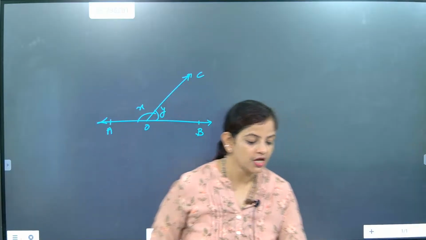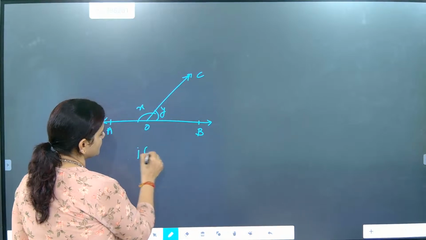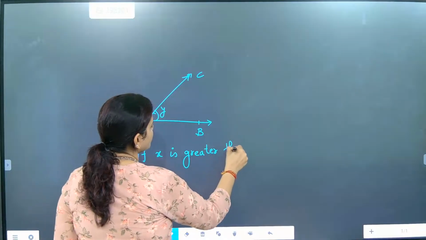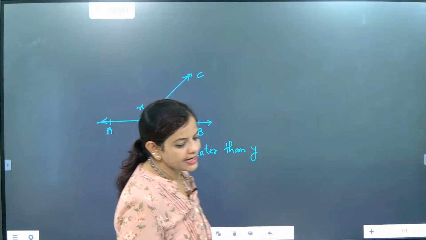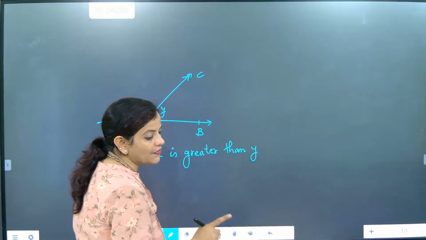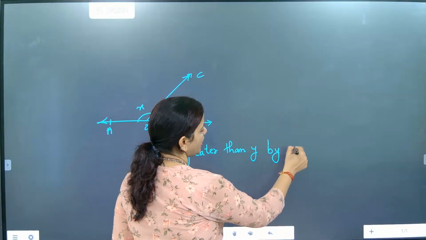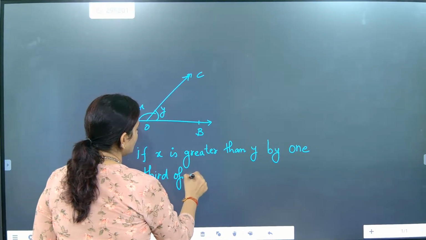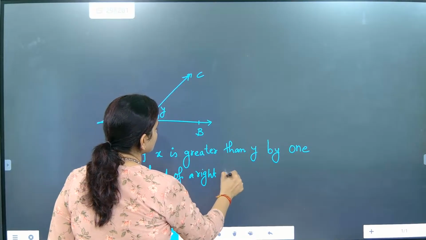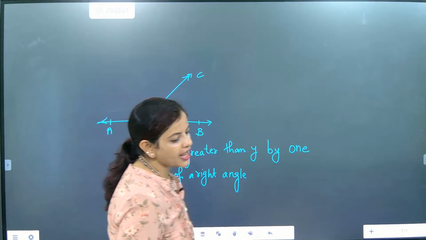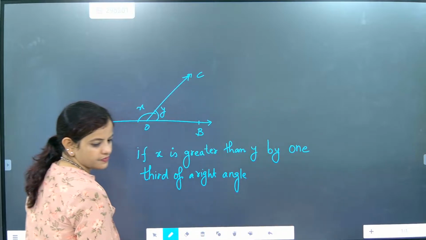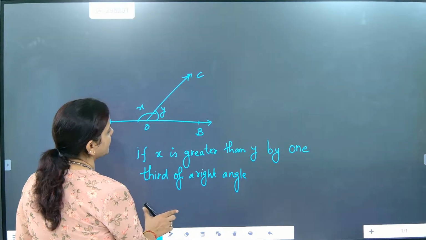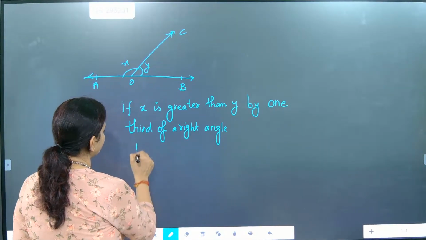Now they have given the question: if X is greater than Y by 1/3 of a right angle, find X and Y. One-third of a right angle, find the angles. Means you have to find X and Y.